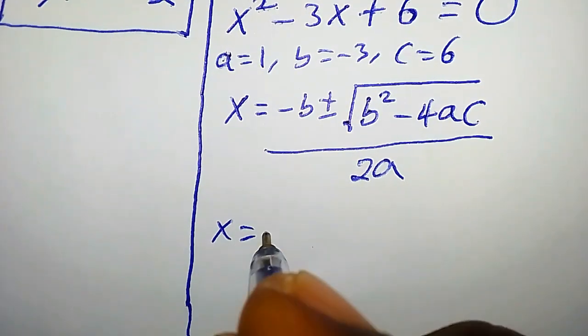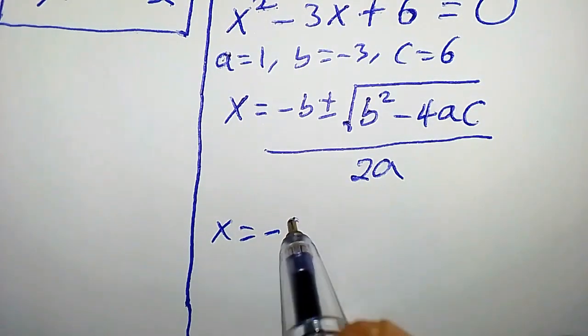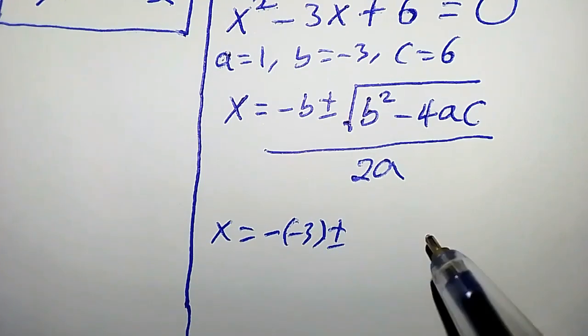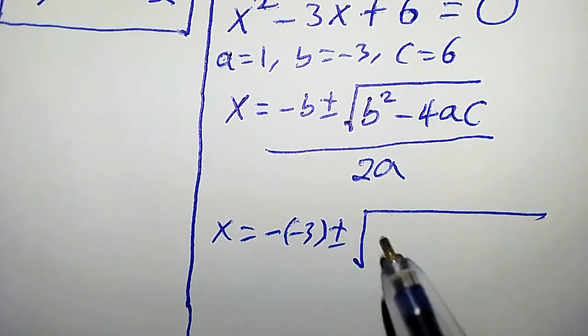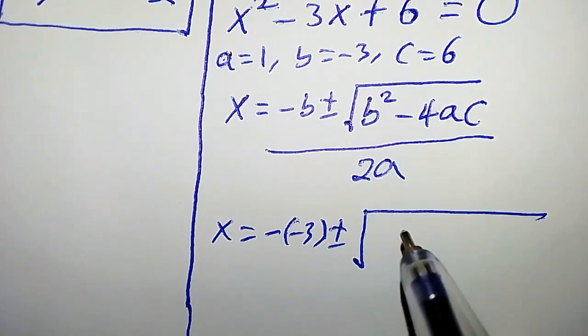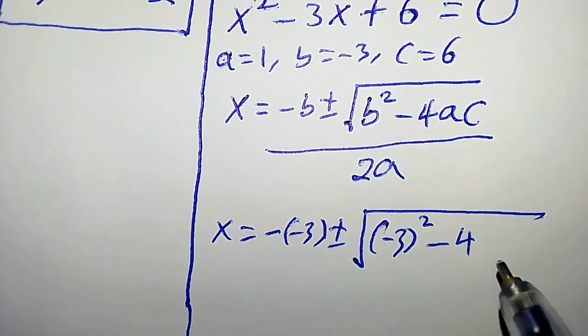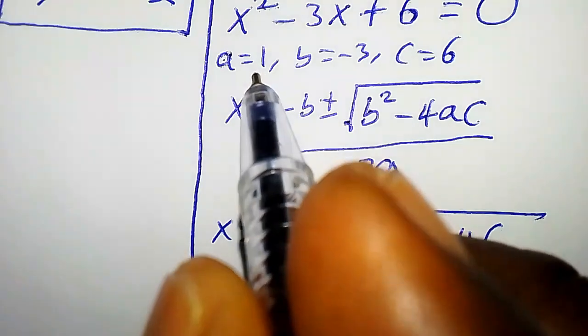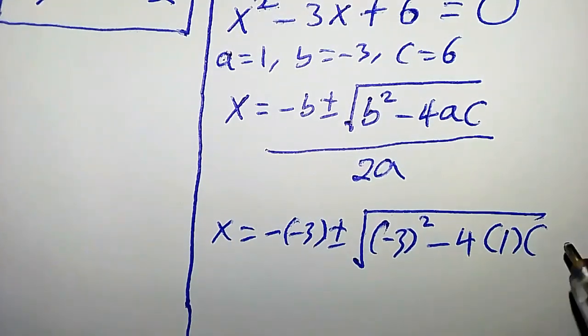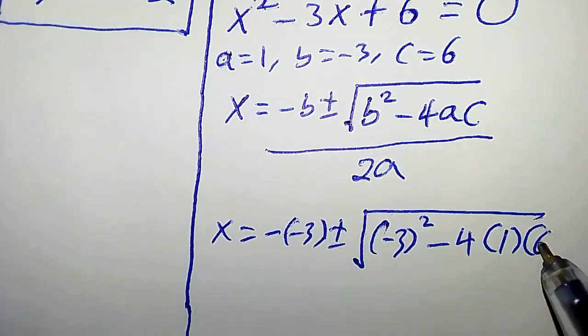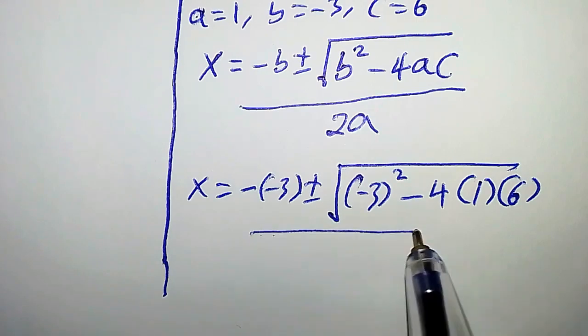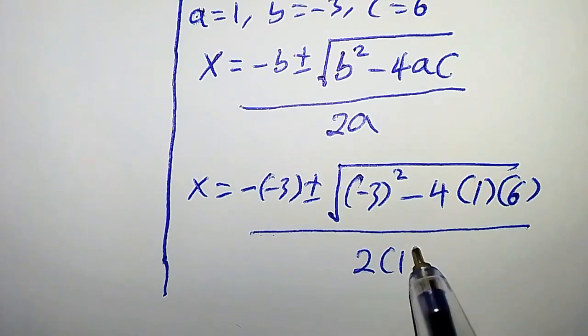x equal to minus b, that is minus minus 3, plus or minus the square root of b squared, that will be minus 3 all squared, minus 4 into a is 1 into c is 6, over 2 into 1.